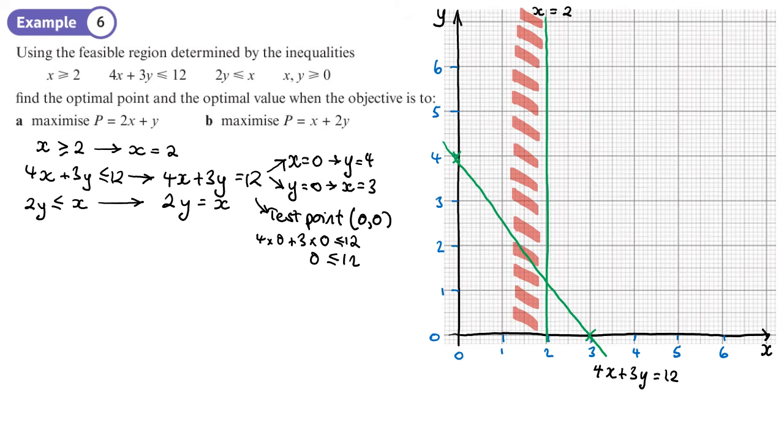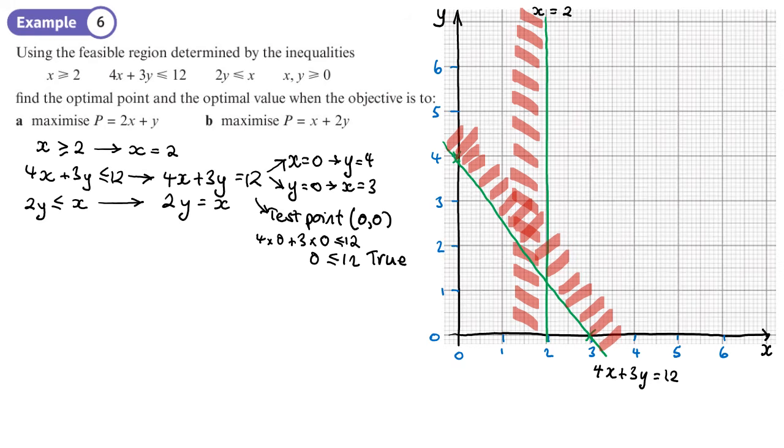Now, is that true or false? 0 is less than 12, so that's true, which means this test point I picked is on the true side. This is the side that I want. So I'm going to shade the unwanted side like I've done before, and I will shade this side here.